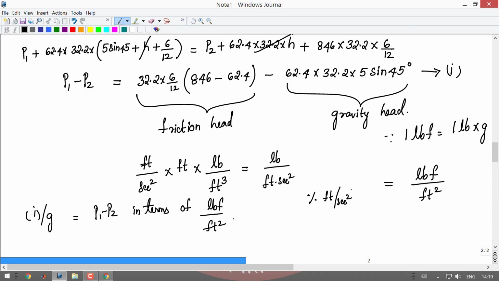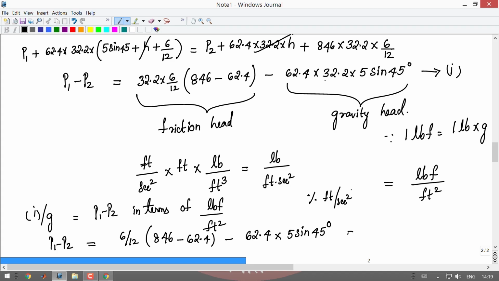We have said that 32.2 is the value of the acceleration due to gravity in FPS units. So, we will have P1 minus P2 equal to 6 by 12 times 846 minus 62.4, minus 62.4 times 5 sin 45 degrees.